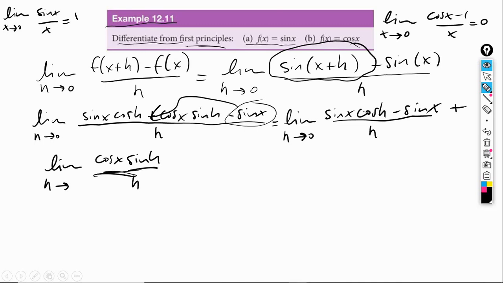Okay, so this would then equal the limit as h approaches 0, and I'm going to factor out sine of x.